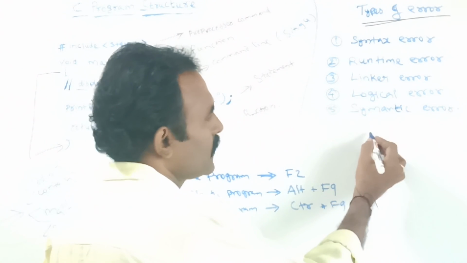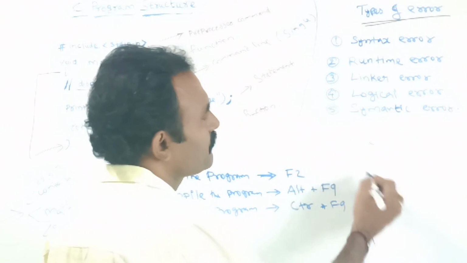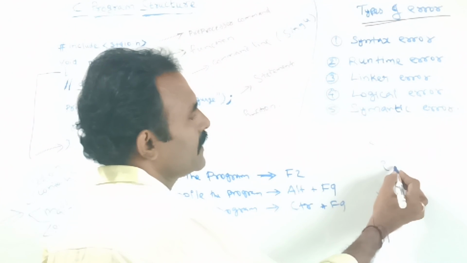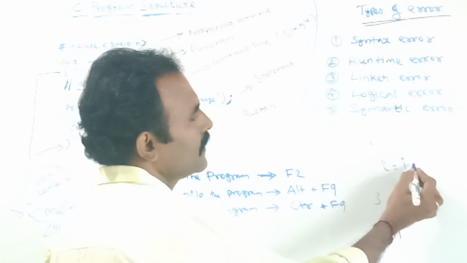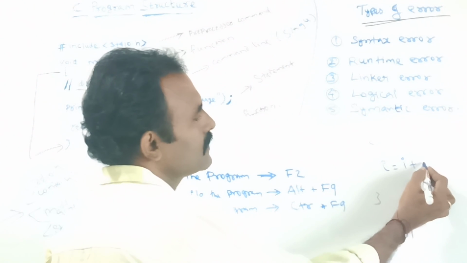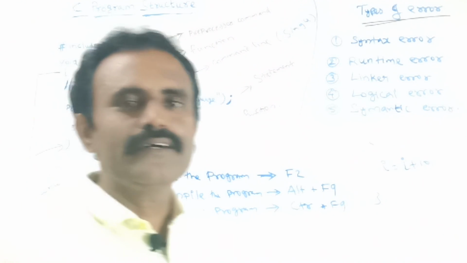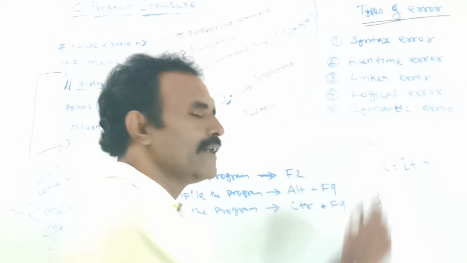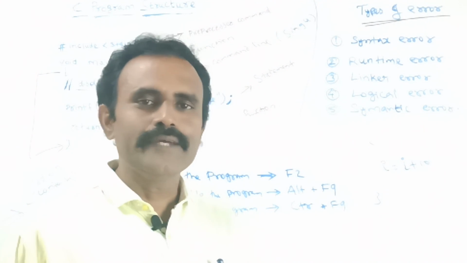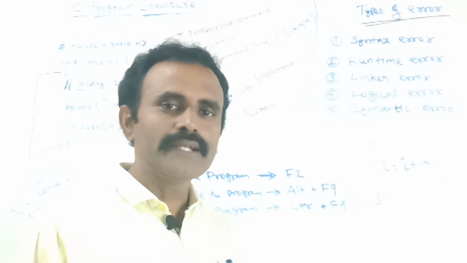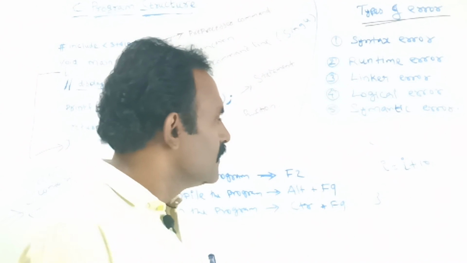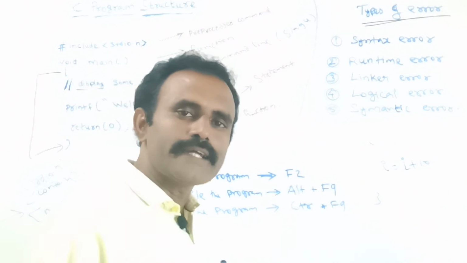Here in the program I am writing i is equal to i plus 10. Here, if I am not declaring i, at that time the compiler gets confused. Where to store this 10?